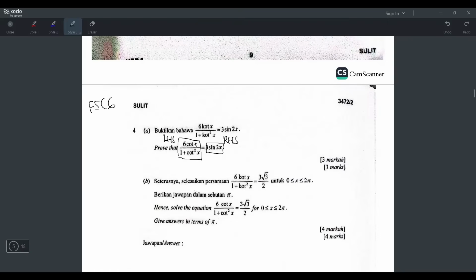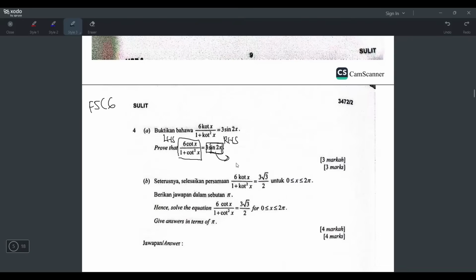But if it's complicated, then I can simplify it myself. Okay. So which side is more complicated, the left or right? The left, because cot x you can change to cos over sine, and then cot square you can also change to cos over sine, but at the same time you got square, so you can use basic identity formula, right? But if you start from right hand side, it's bad, because right hand side is 3 sine 2x. Okay, you can use double angle. Sine 2x can use double angle, but that's the only thing.